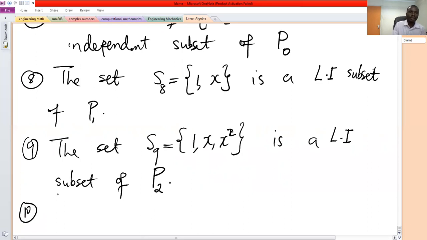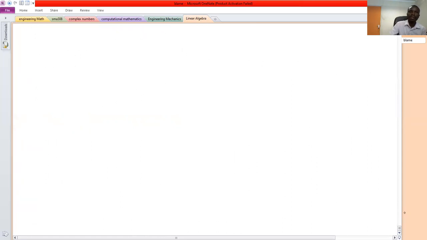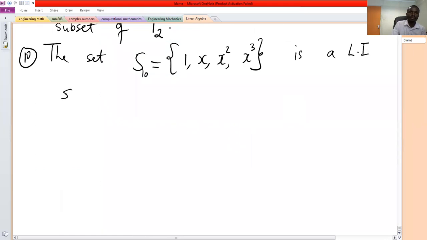And lastly, number 10, the set S10 given by 1, x, x squared, and x cubed is a linearly independent subset of P3. P3 means the set of all polynomials of degree less than or equal to 3. So the next session will give examples on how to determine, when you're given an arbitrary set, whether it is linearly dependent or linearly independent. Thank you.